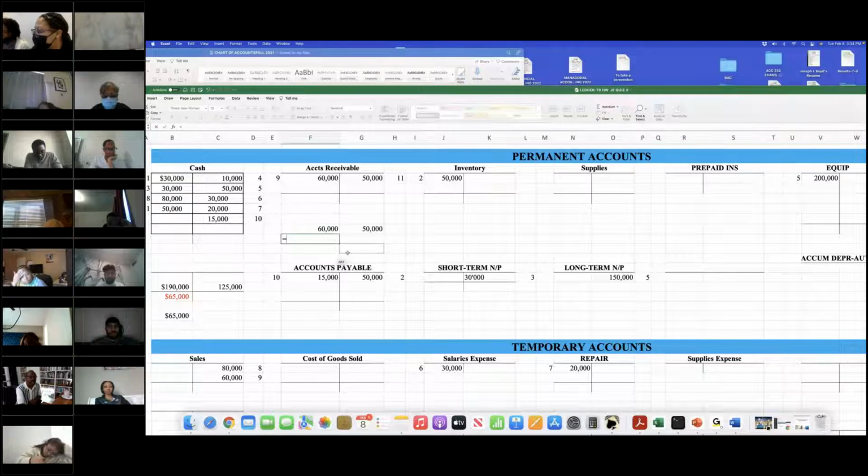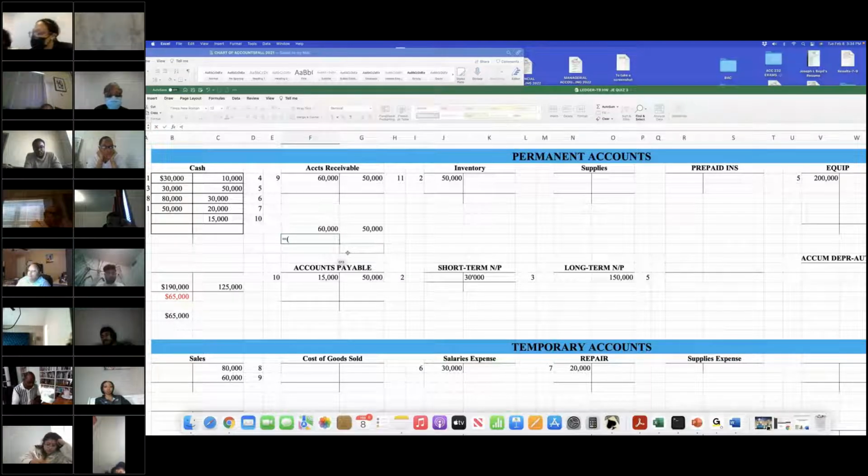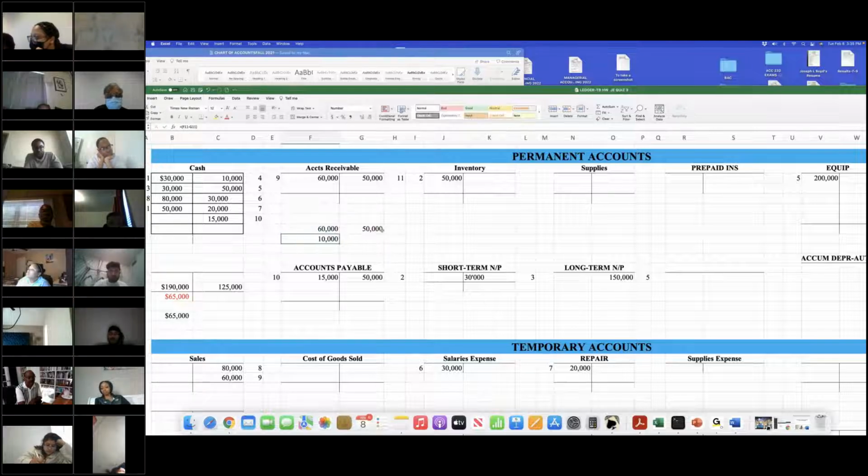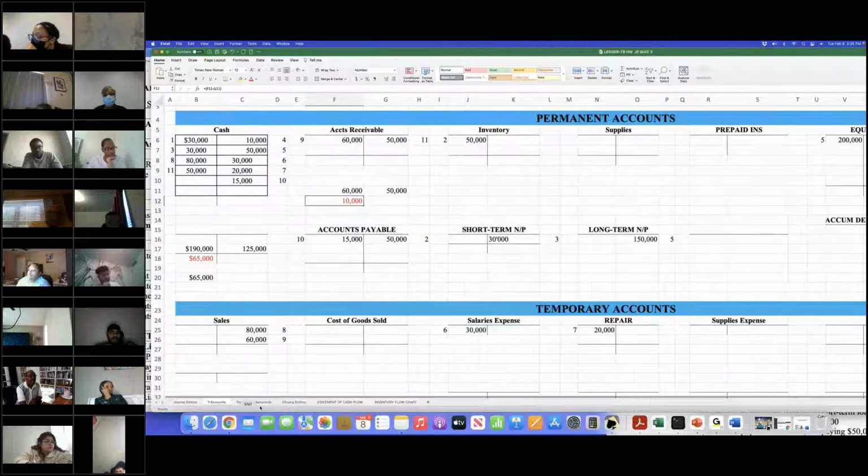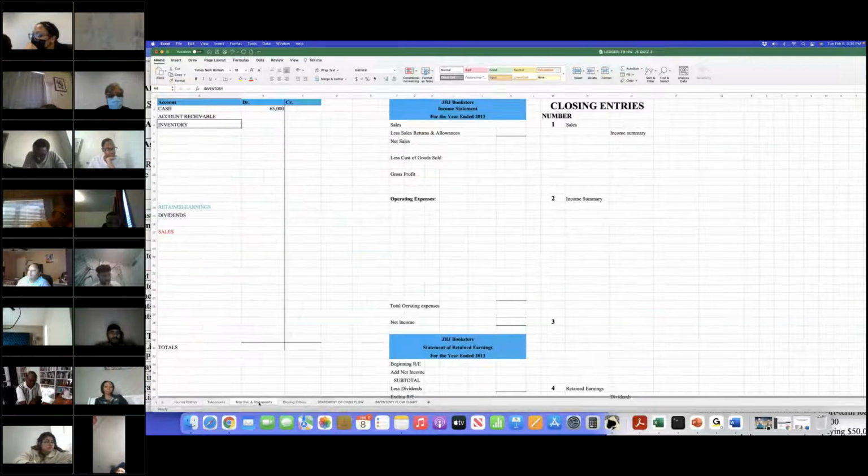We're going to click on the 60,000. Then we're going to put a minus in. We're going to click on the 50,000. We're going to close our parentheses. So that tells us that the receivables has a balance of $10,000. So the second thing on our trial balance would be the receivables at 10,000.